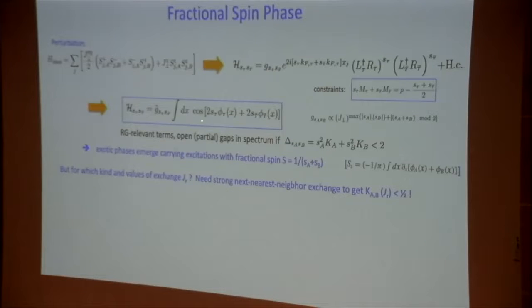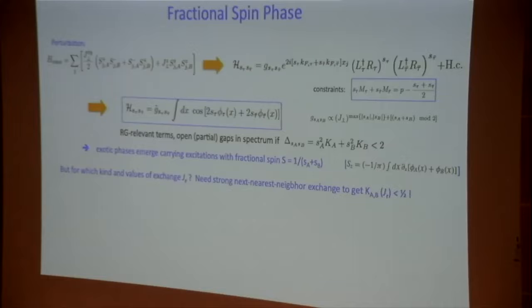And these terms we can analyze using standard renormalization group treatment, and they turn out to be relevant if the so-called scaling dimension of this operator here is smaller than 1. And with these numbers in here and the S tau and the K in the free action, we get this condition. And that means if this condition is satisfied, this term here will create a new phase and can open a gap.